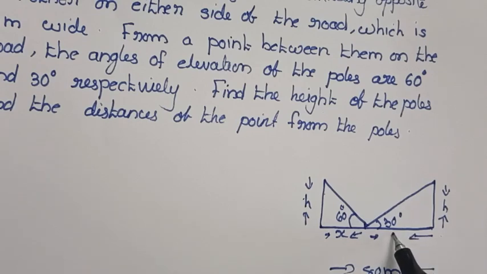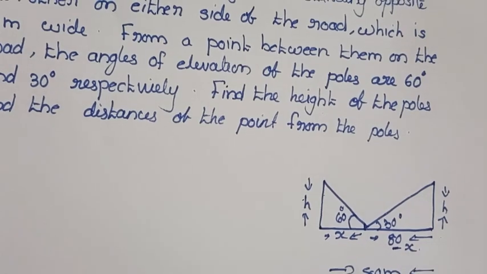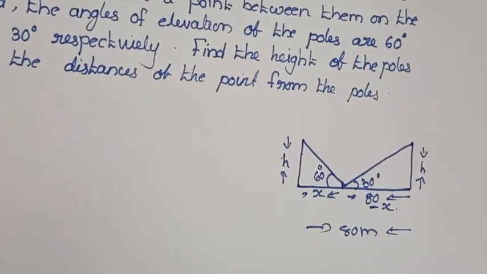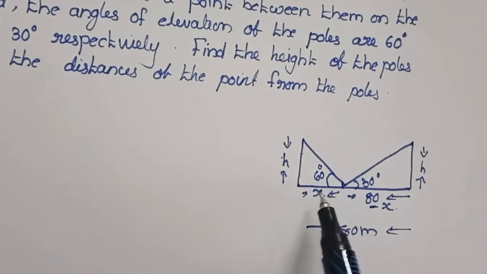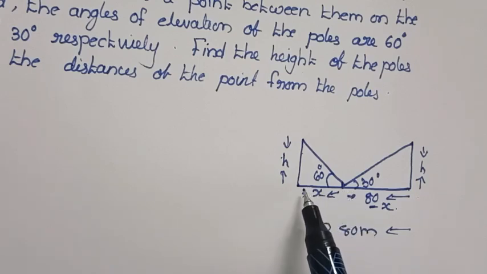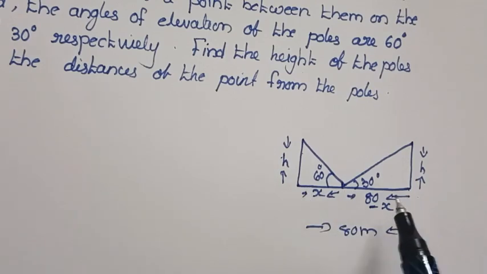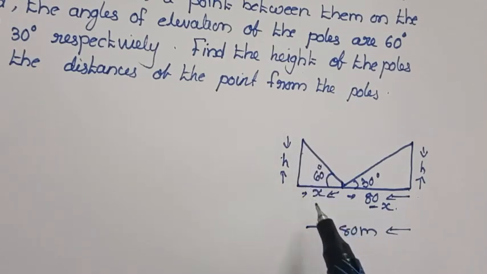Here total distance equal to 80, isn't it? So we can take this one as 80 minus x. So we have to find the distance of the point from the first and second pole, and also the height of the pole.